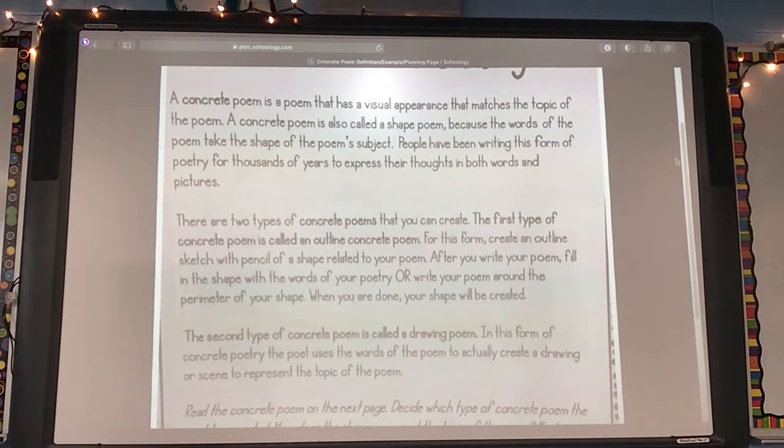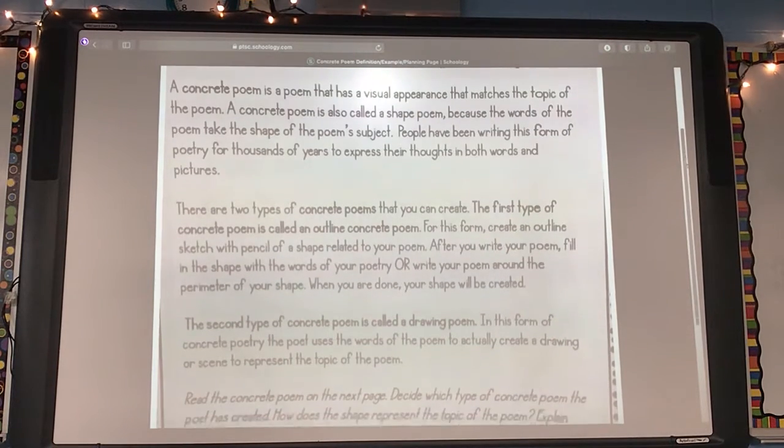There are 2 types of concrete poems that you can create. The first type is called an outline concrete poem. For this form, create an outline sketch with pencil of a shape related to your poem. After you write your poem, fill in the shape with the words of your poetry, or write your poem around the perimeter of your shape.